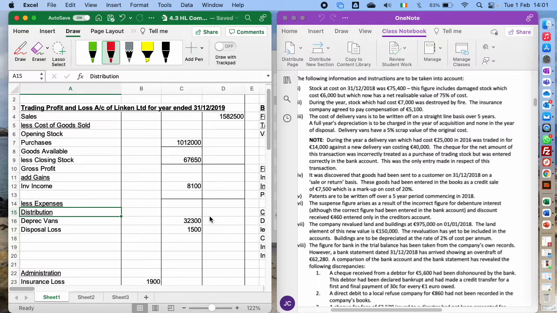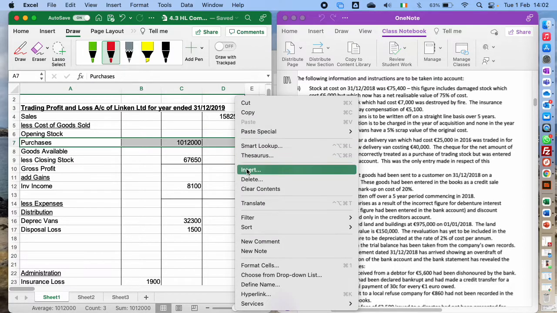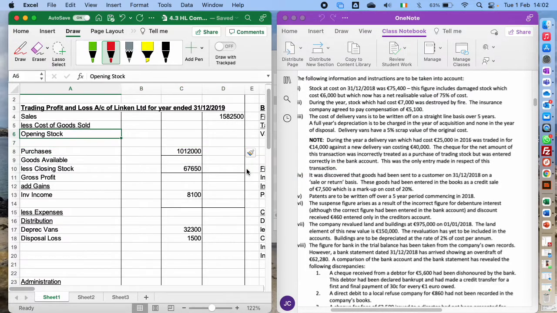Now, generally it's put in as a cost simply because a patent is something associated with getting the goods. I've invested money in building up this way of making goods that's kind of unique, and when I have to get rid of it, I'll put it in as a cost. You could put it in as administration expense, you could put it in either, okay? But for now, I'm going to put it up here as cost. So I'm just going to squeeze these down. So patent write-off.